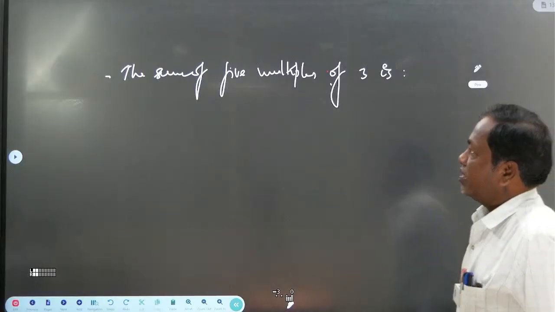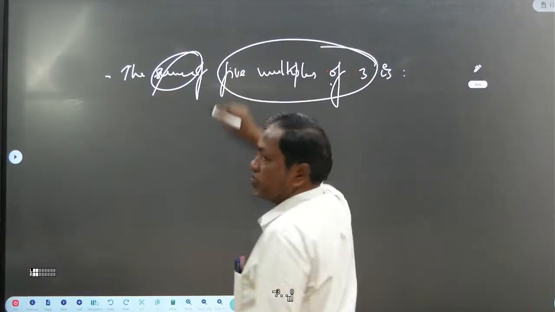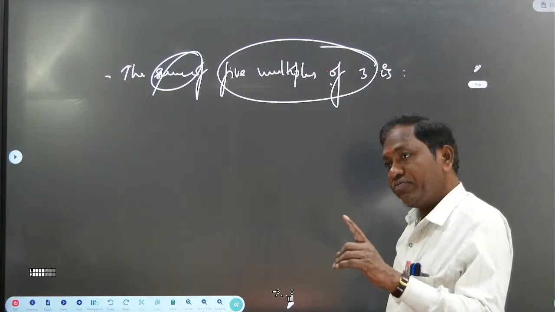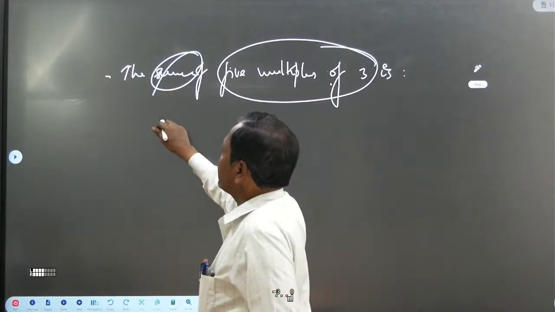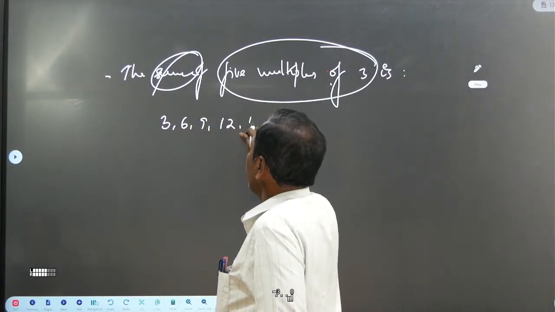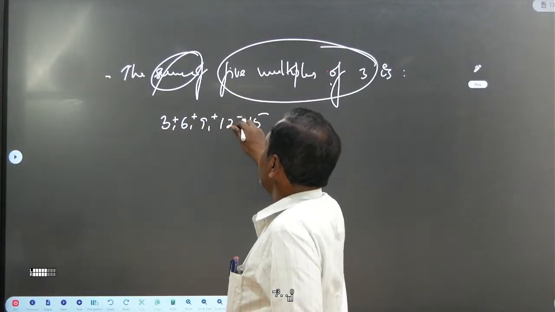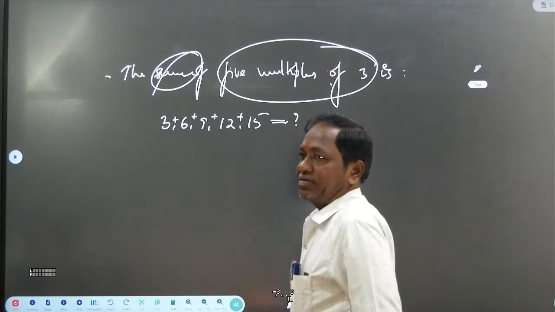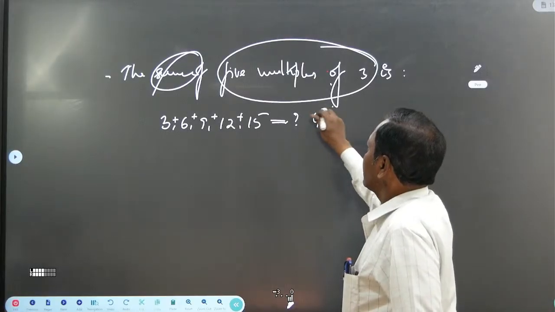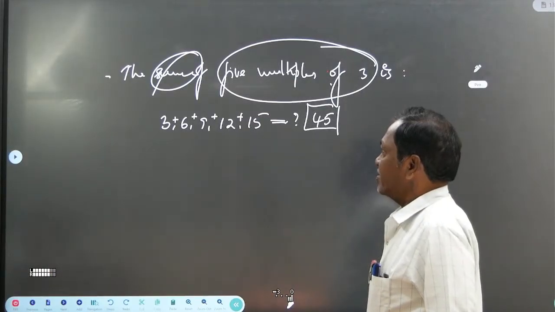The sum of 5 multiples of 3. See that. It means, how do you write the information? 3, 6, 9, 12 and 15, 5 numbers. It means plus, plus, plus. 18, 30, that is 45. It's 45 like that. That's the thing.